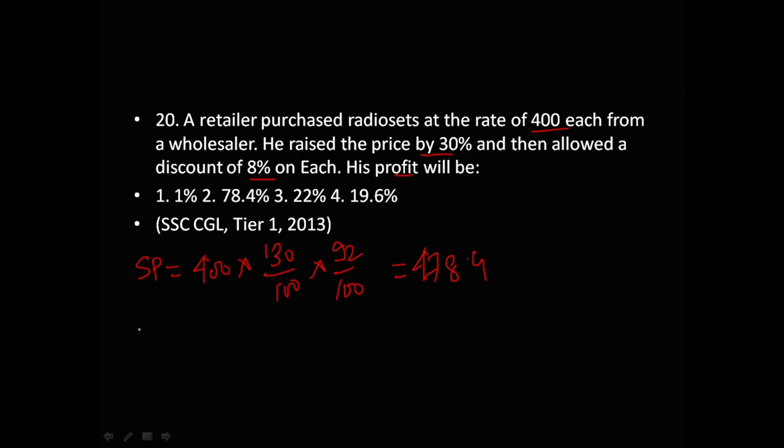So the profit is 78.4, and the profit percentage is 78.4 divided by 400 into 100, which is 19.6. 19.6 will be the answer. So 20 is option 4. Moving to the next one now.